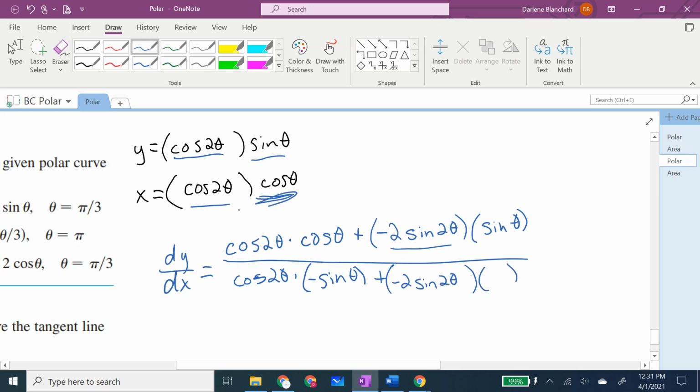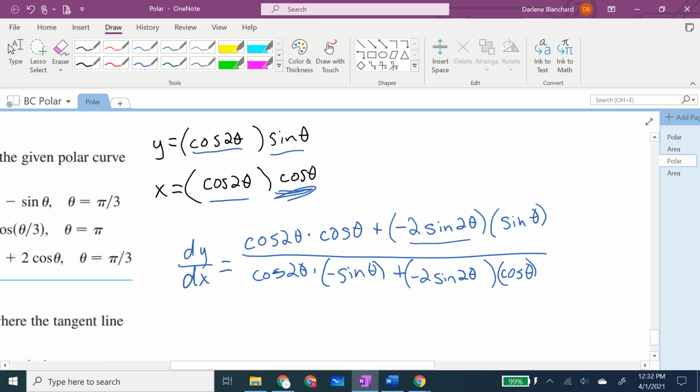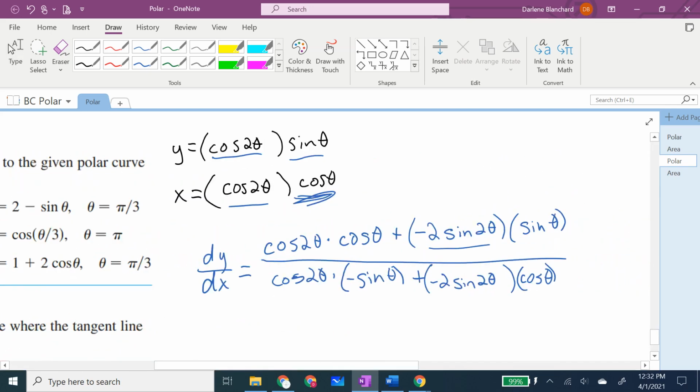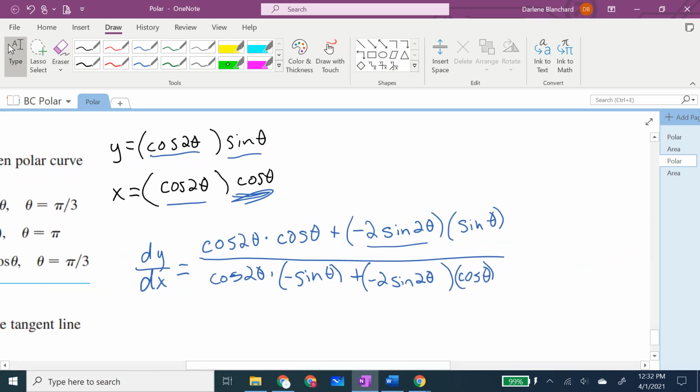And then keep the cosine theta as we are using the product rule. You now have a formula in terms of theta for slope. At that point, you can take pi over 4, plug it into every theta, and come up with a number. Is it time consuming? Yes.